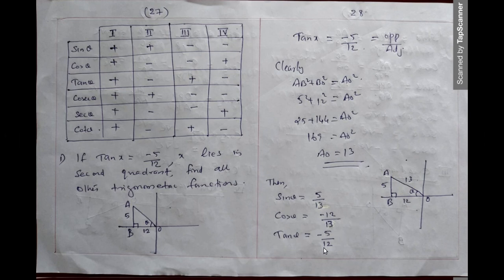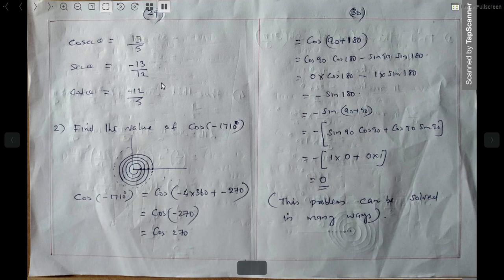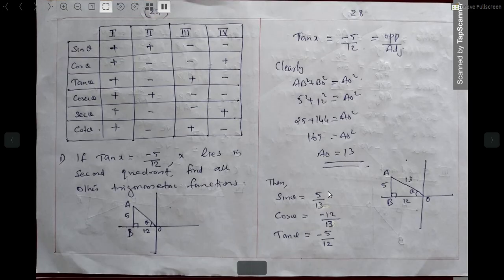Minus can be put in the numerator, so minus 5 by 12. Similarly, you can find cosec theta, sec theta and cot theta from the figure, or by taking the reciprocal of sin theta, cos theta and tan theta. Very simple, isn't it? Sin theta is equal to 5 by 13, that is why cosec theta is equal to 13 by 5, right?